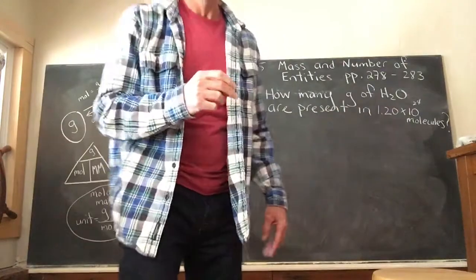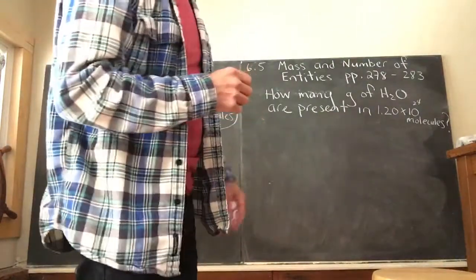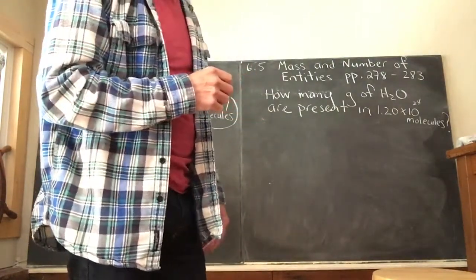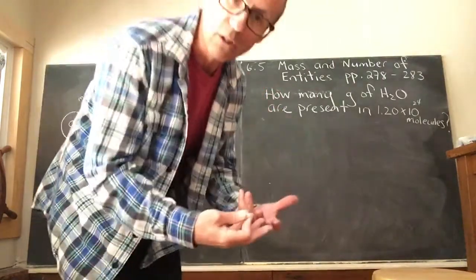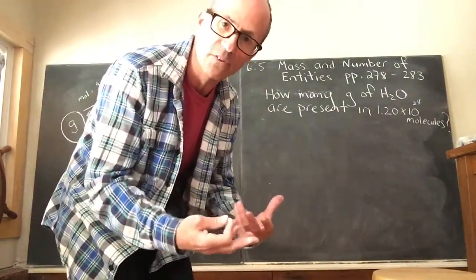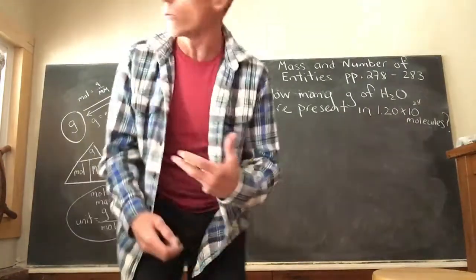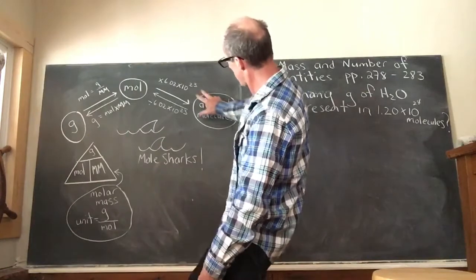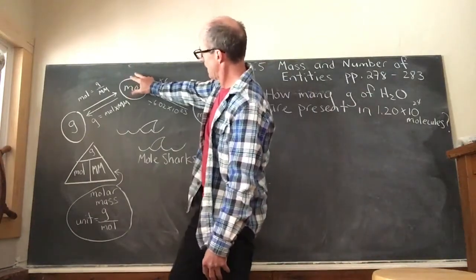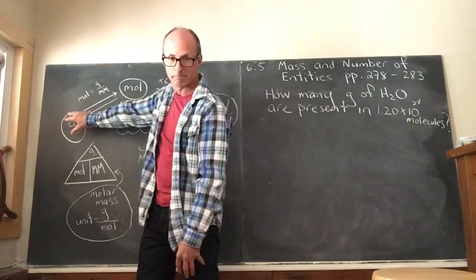This is our question. How many grams of water would be present in 1.2 times 10 to the 24th molecules of water? So you'll notice I'm actually making you go the other way. I'm making you go from here in particle land back to mole land and then ultimately to mass land.